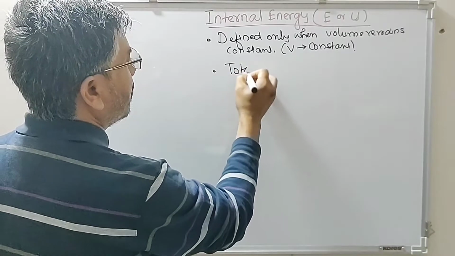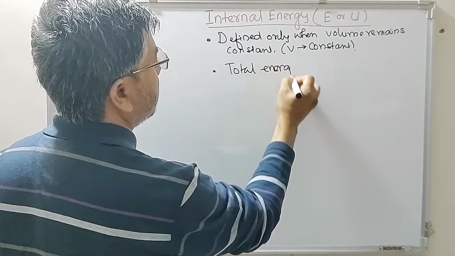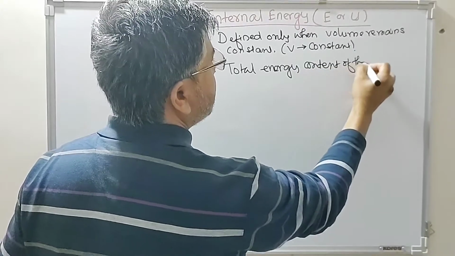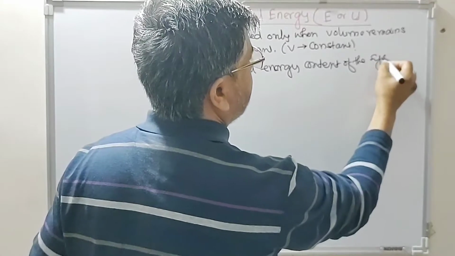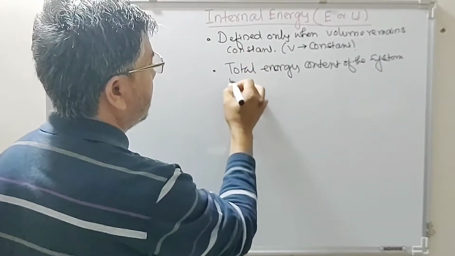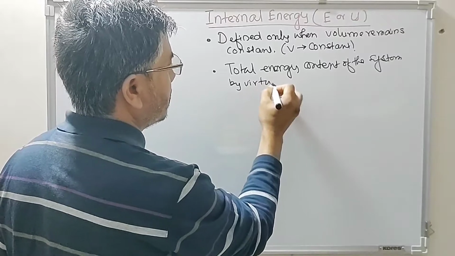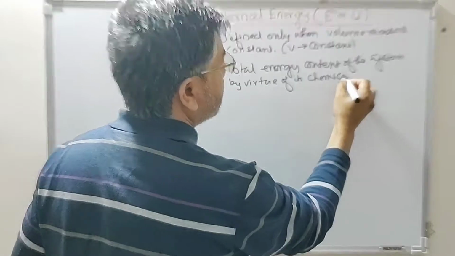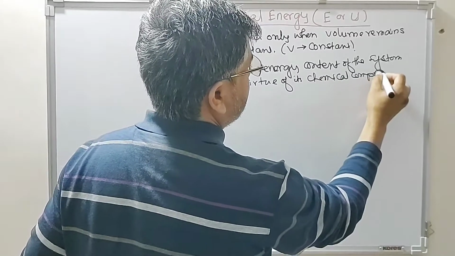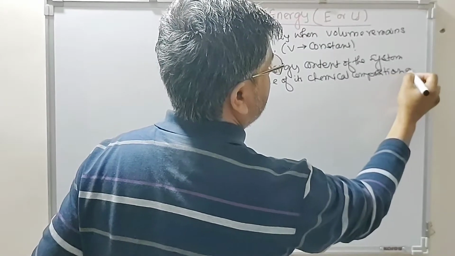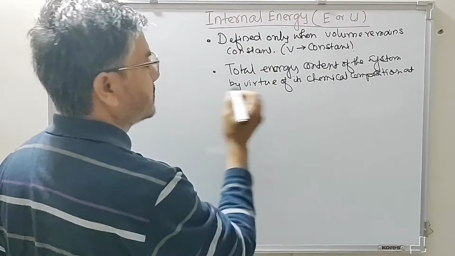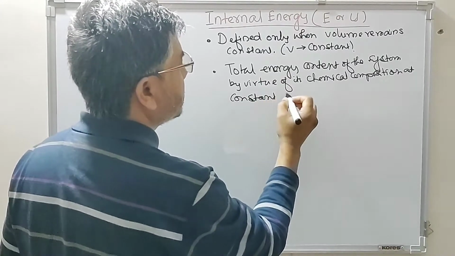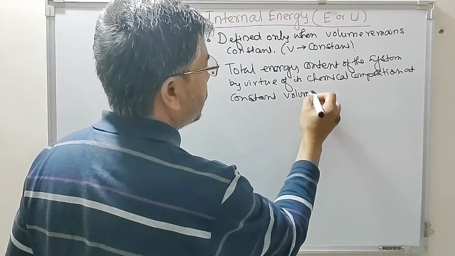So this is the total energy content of the system by virtue of its chemical composition at constant volume.